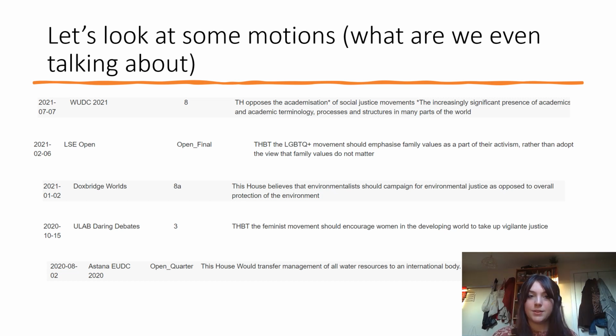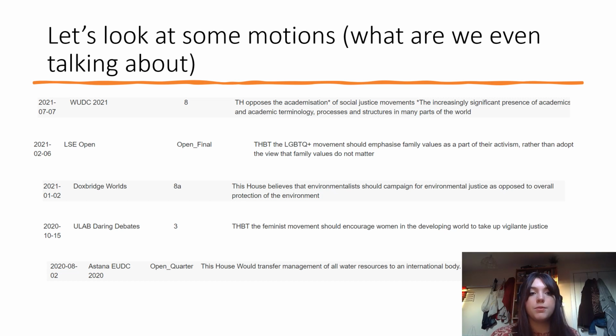So I thought what would be really useful as the start of the presentation is to have 5 very different motions that are talking about quite different things, and essentially do by myself what I would do with someone else were they to be here, which is to figure out what's going on. We'll get into the next stuff you can do to make that BP and debate worthy in the next couple of slides.